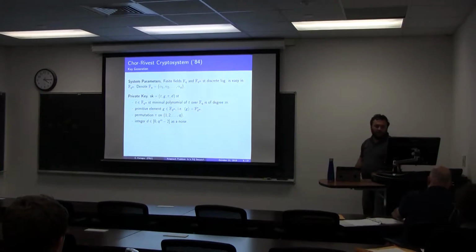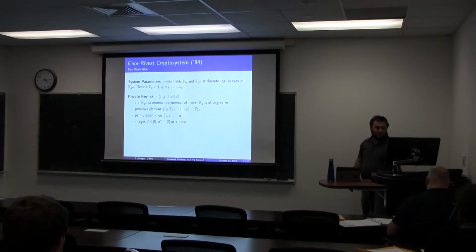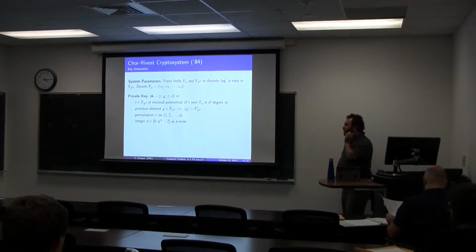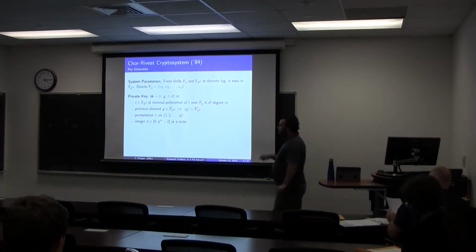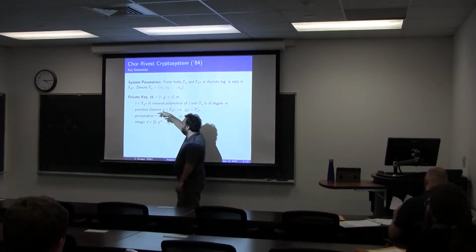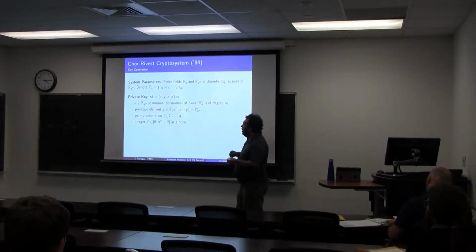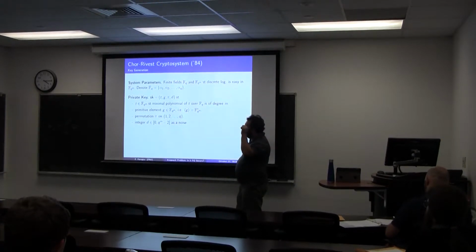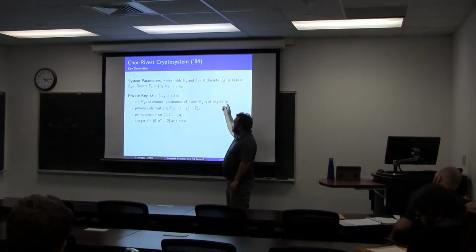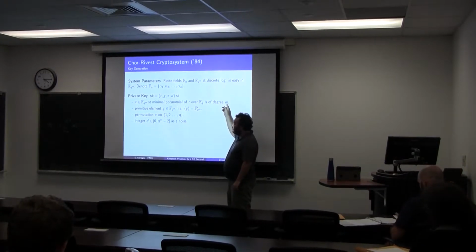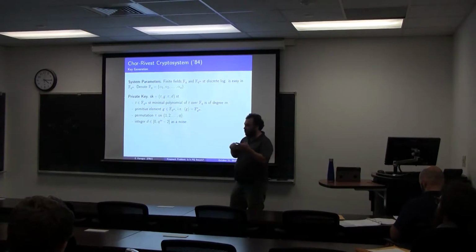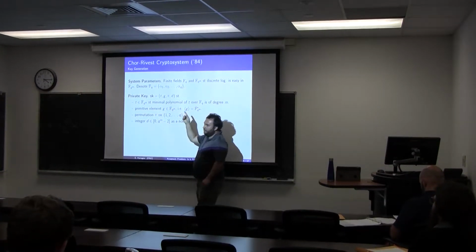Private key: t, g, pi, and d. t is chosen as an element in the extension field. By the way, FQ is the base field, FQM is the extension field. So you choose an element in the extension field with minimal polynomial of t of degree n, which is equal to the extension degree n.